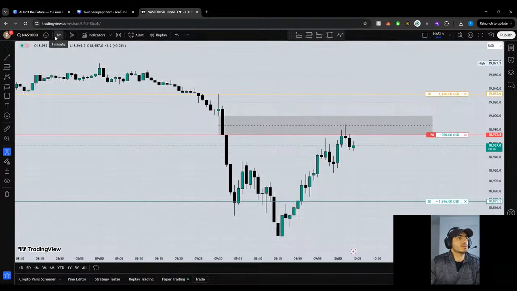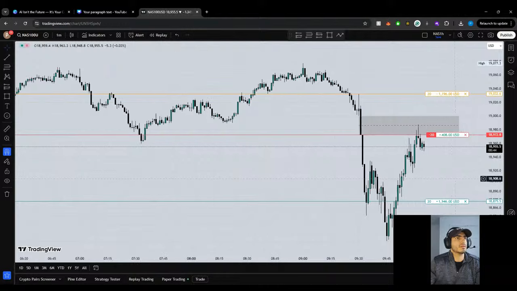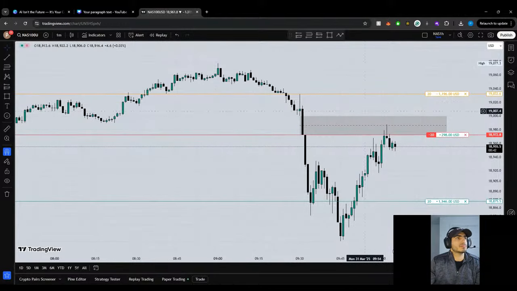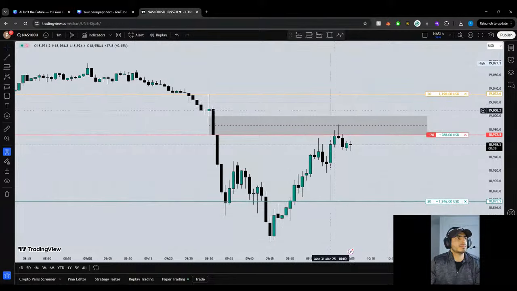Okay. So there's no obvious fair value gap over here that hasn't been filled. They've all been filled. They've all been filled. This one is like the support one. If we'd argue it go up, but I think it's gonna go down. Let's see.